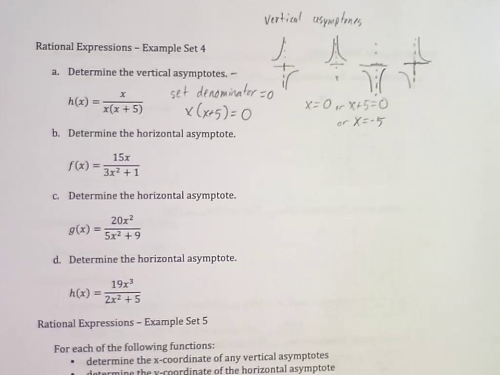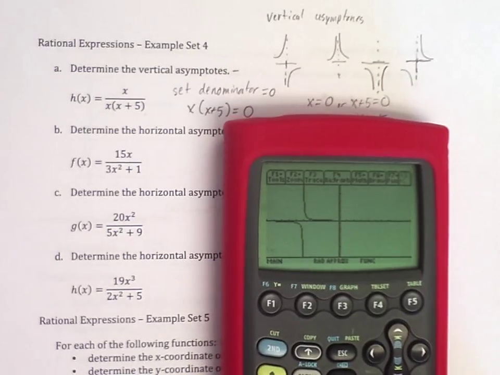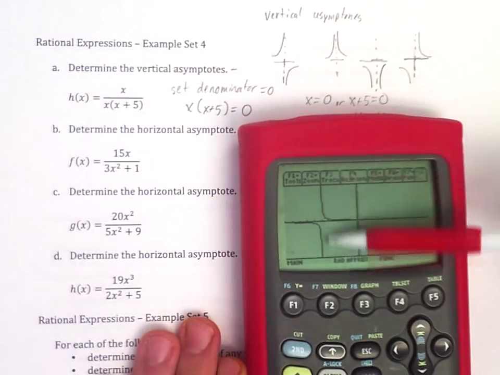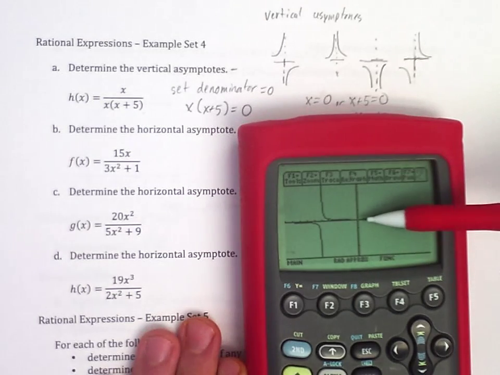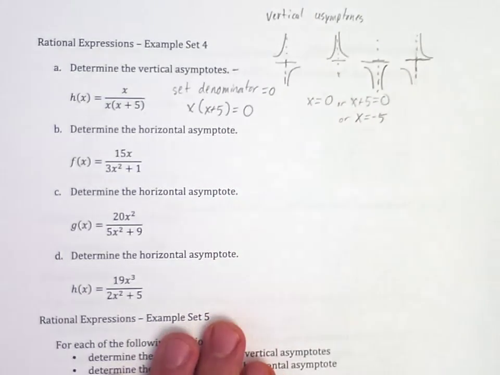So I'm going to punch that in my calculator. So if we graph this in our calculator, what we see is that at negative 5, we do in fact have an asymptote. But what happens at 0 does not look like an asymptote. It looks like the function just keeps going. And so what's going on there is a little bit more of a mystery.